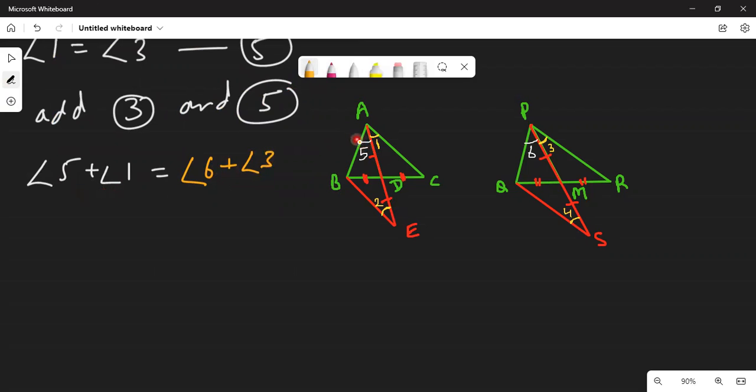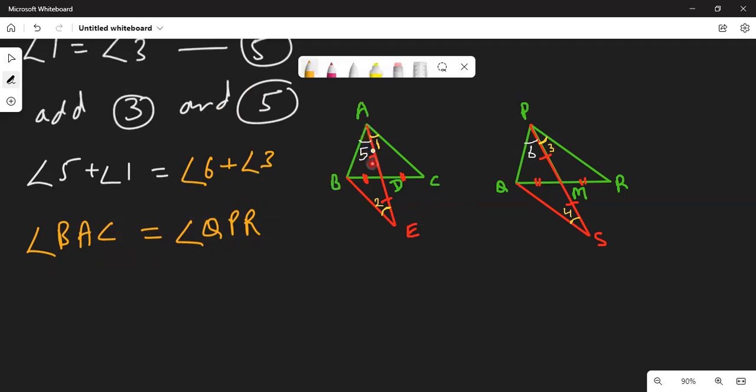Look carefully. What is angle 5 plus angle 1? Angle 5 plus angle 1 is angle BAC. BAC is equal to angle 6 plus angle 3. Look, this is 6, this is 3. Angle 6 plus angle 3 is angle QPR. That is what we were looking for in the beginning.